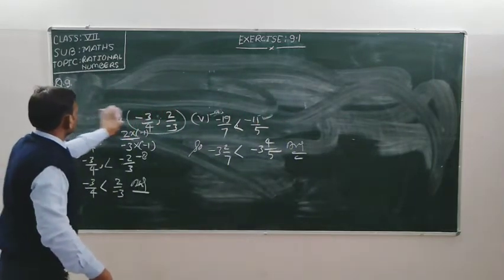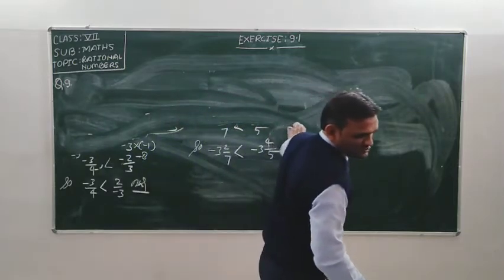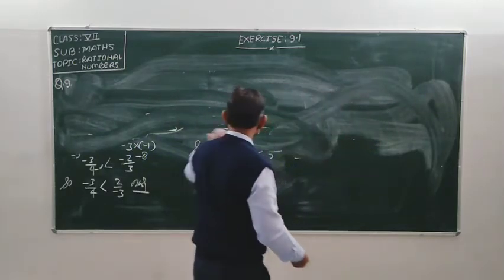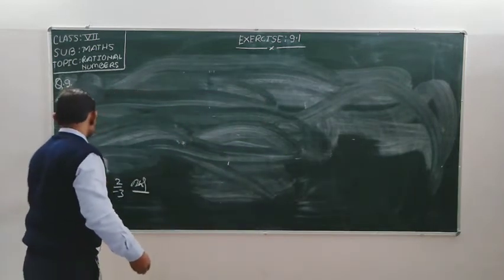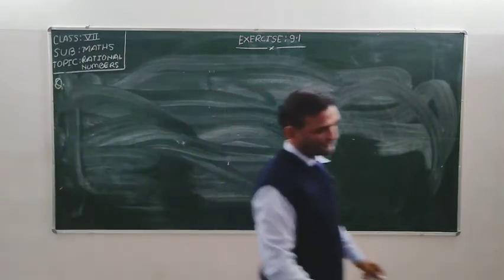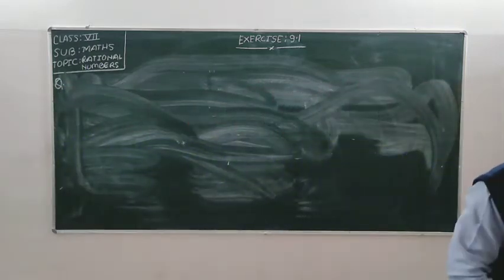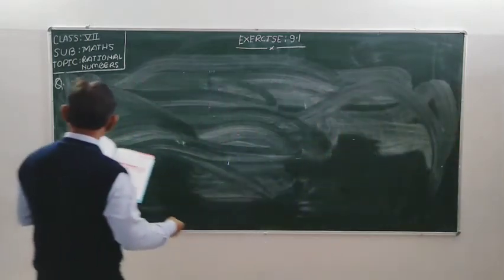You need to write the rational numbers in ascending or descending order. Perhaps in this question, you need to write the rational numbers in ascending order. So firstly, I am writing the question, student, here. Question number 10.